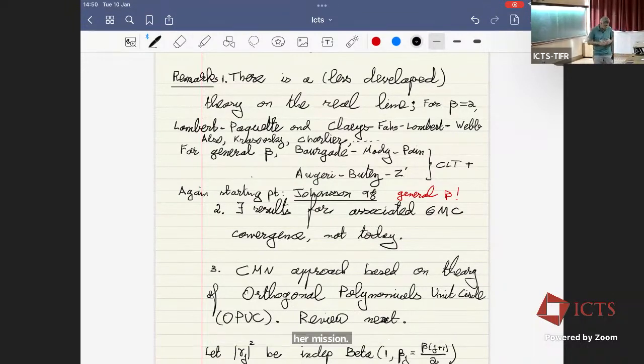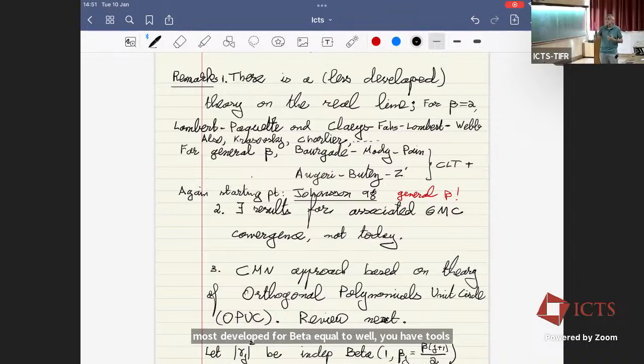And the theory on the real line is most developed for beta equal 2, where you have tools such as Riemann-Hilbert methods that can allow you to do more explicit computations. In particular, there's a very interesting paper of Lambert, Paquette, and of Claeys, Fahs, Lambert, and Webb, and work of Krasovsky, Charlier, all the usual suspects in that kind of beta equal 2. For general beta, there is much less.